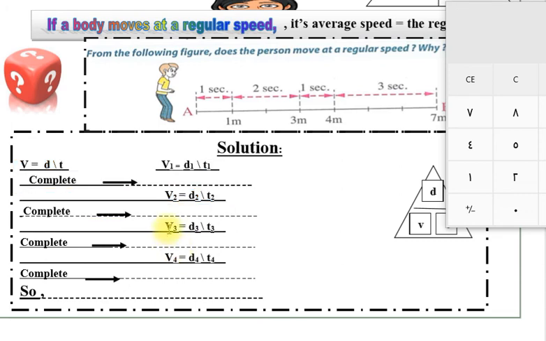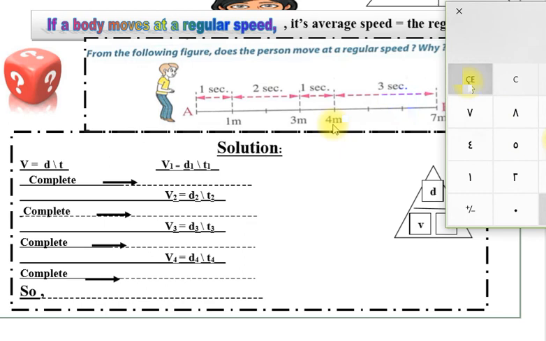The third speed: D3 equals the difference between the end of the second distance and the end of the third distance, 4 minus 3 equals 1. So we have 1 divided by the 1 second it covered equals 1 again.